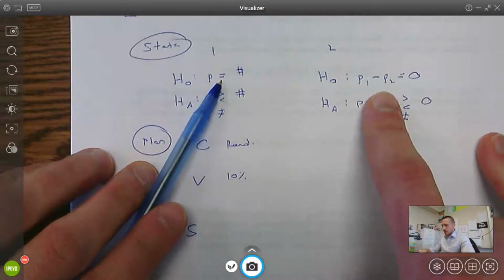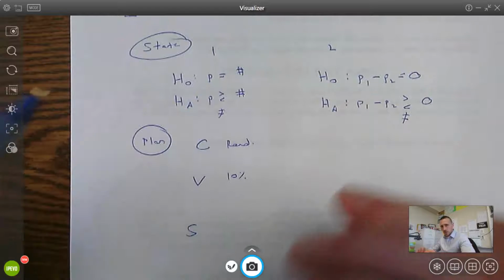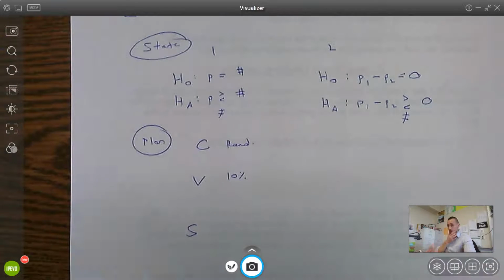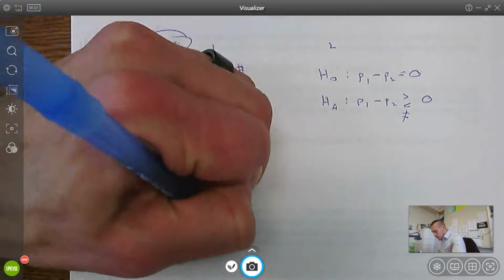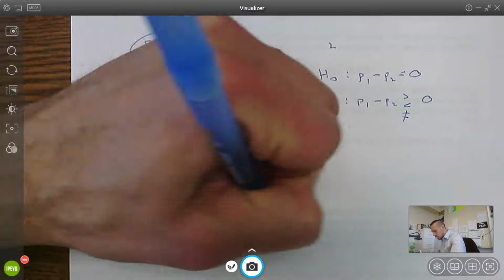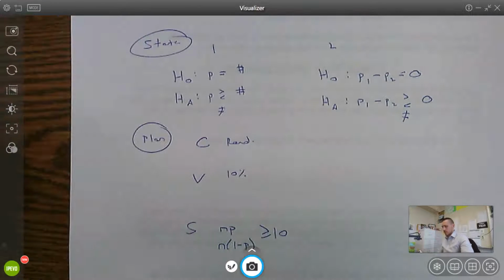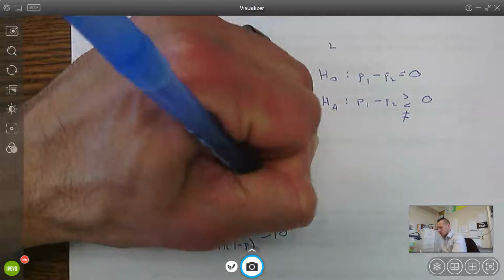Because now we have a claim for the true proportion, we're going to use that claim. I'm going to need to take n times p and n times 1 minus p and make sure they're at least 10 for the large counts condition. So same exact 3 conditions.